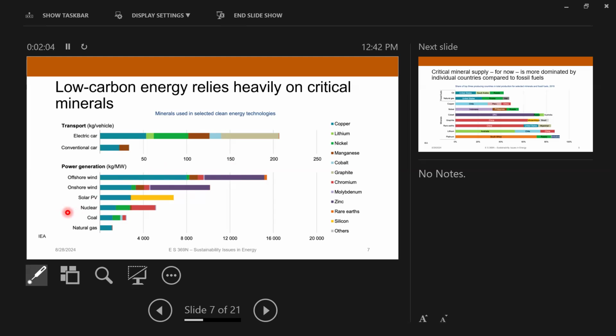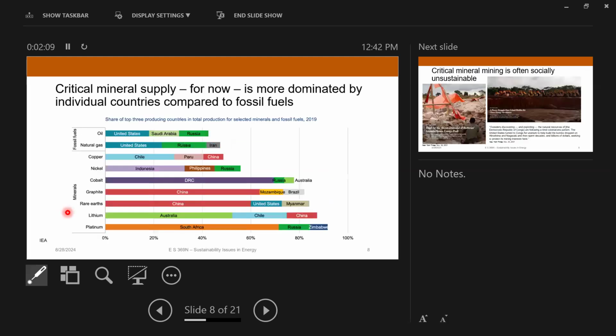And the interesting thing about critical minerals is that as of now, the supply of critical minerals tends to be dominated by specific countries for specific minerals in a way that oil and natural gas are more evenly distributed among different countries.